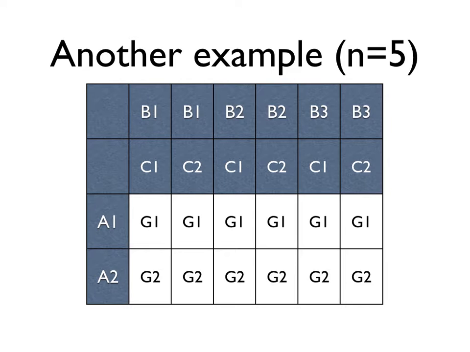What about C? Is C a between or a within? Between would mean different subjects get different levels of C. Is that true? Yeah, it's within. Everybody gets C1, everyone gets C2. So that's also a within factor.